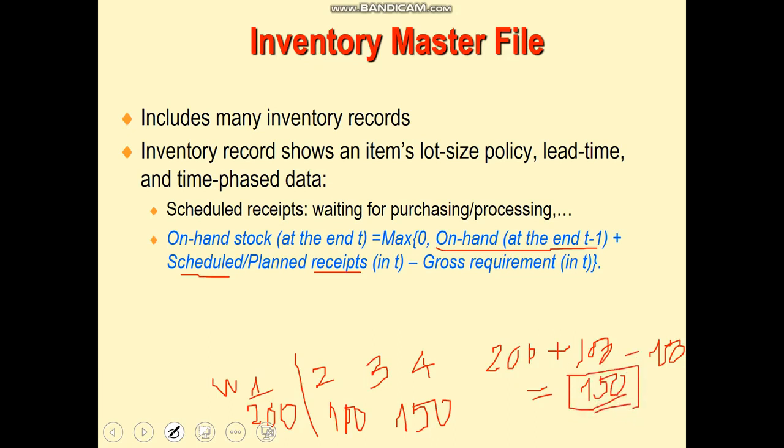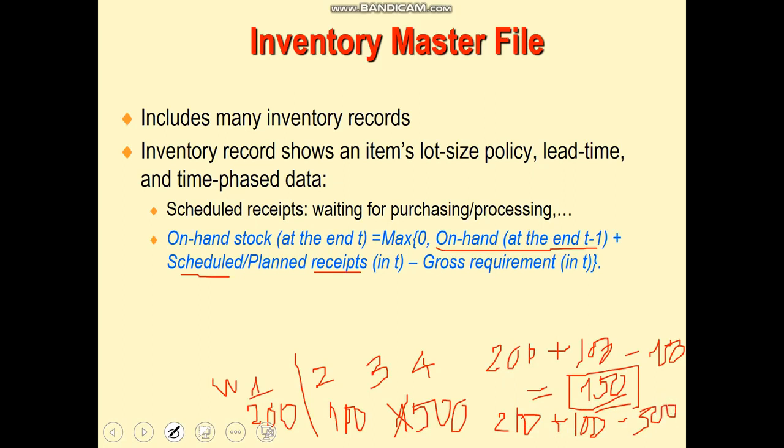However, if the requirement in week 2 is not 150 anymore, it's 500. So how much is the on-hand stock in week 2? We will calculate 200 plus 100 minus 500.